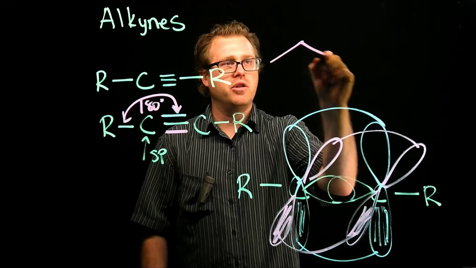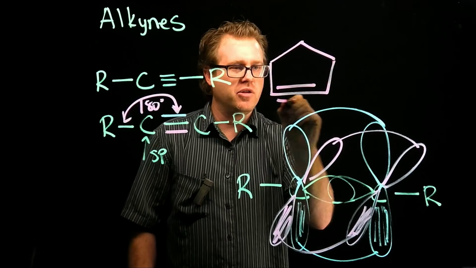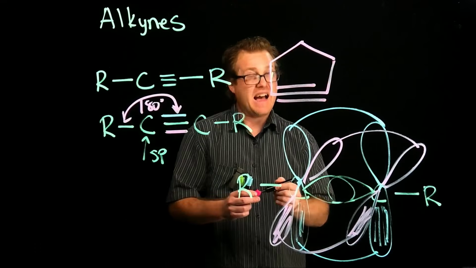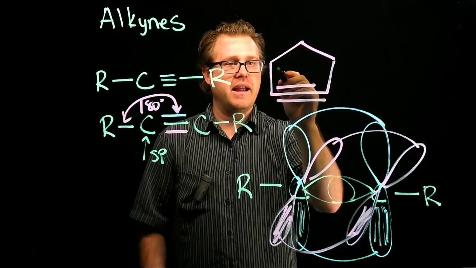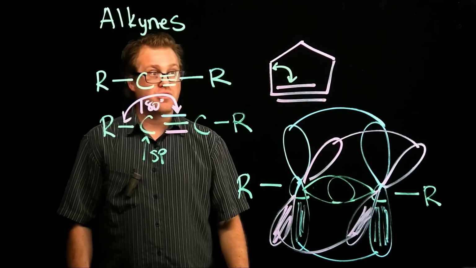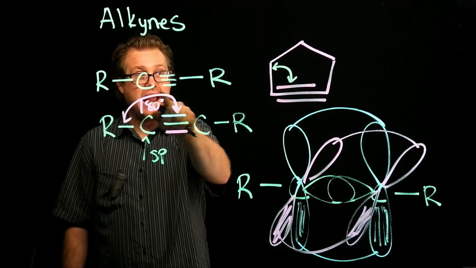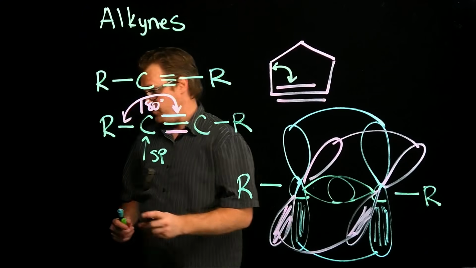So if we wanted to have a 5-membered ring but turn that into an alkyne, that's not going to happen. Why? Because look at that bond angle right there. That is deviating drastically from 180 degrees, and so that just does not happen.